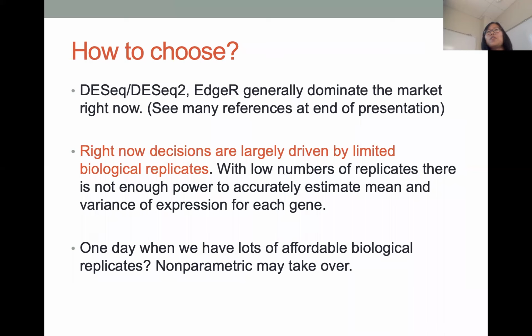In terms of which software to choose, as you read papers, you may realize most of them use DESeq2 and edgeR for RNA-seq analysis. One day when we have lots of affordable biological replicates, we may just use non-parametric analysis instead of the parametric one.